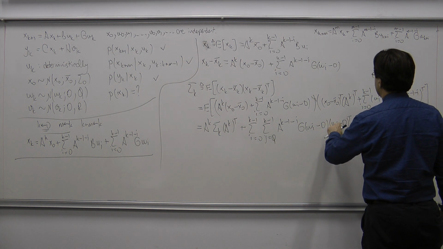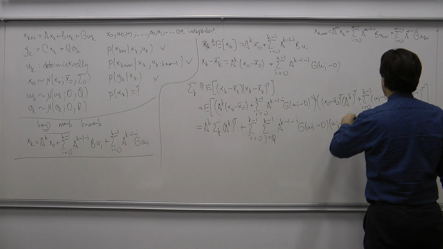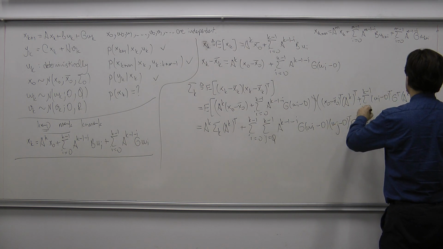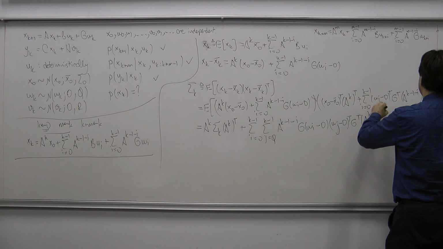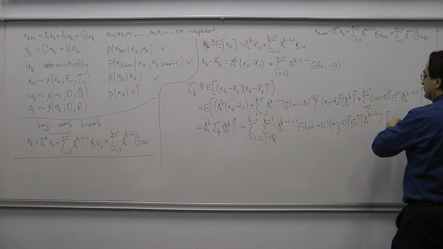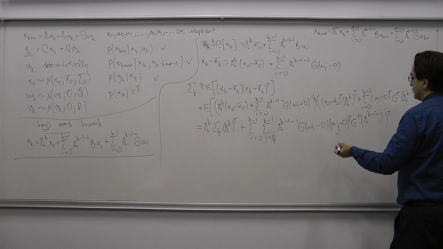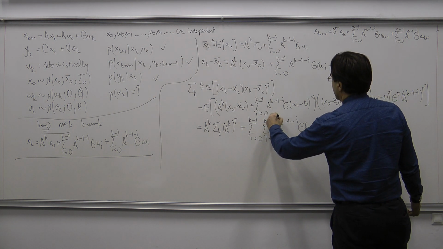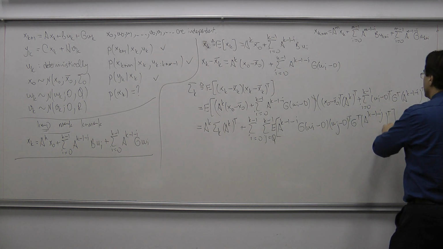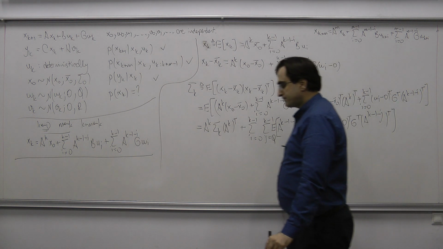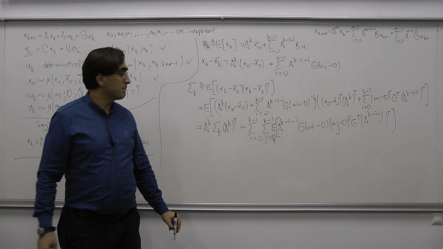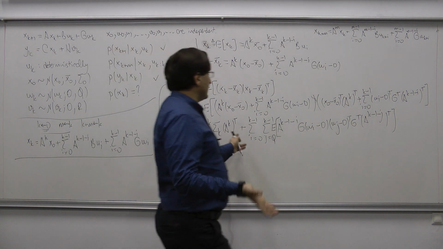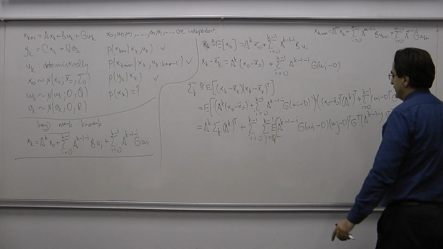So this is going to be wj now, and I have G transpose, A to the k minus 1 minus j, transpose here. And I have to, of course, take the expected value of this thing. The expected value can always enter into a summation. So you see that I have double summations here.